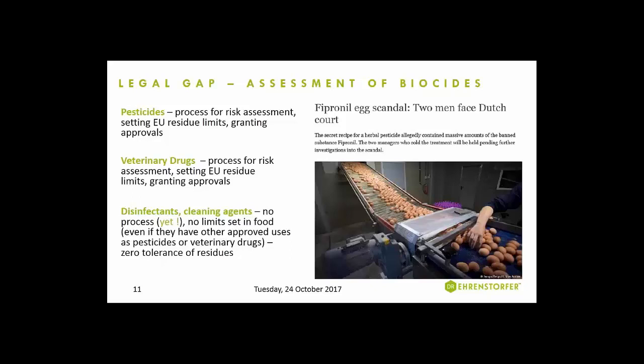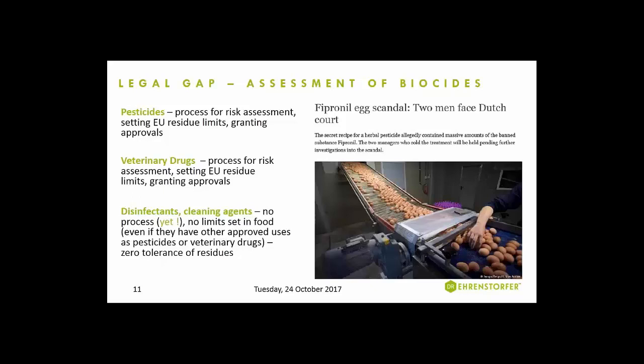Just to finish on the authorization process, I will mention the big gap, within the EU at least, uses that are called biocides. So to illustrate, if a substance is used as a pesticide, it has a risk assessment, an approval process, and limits are set in food.